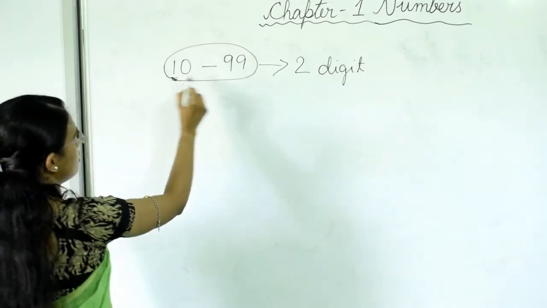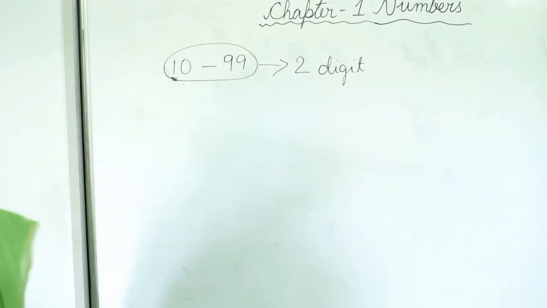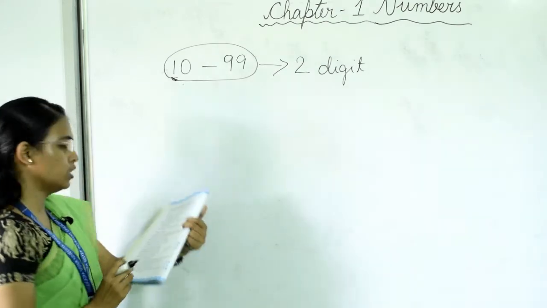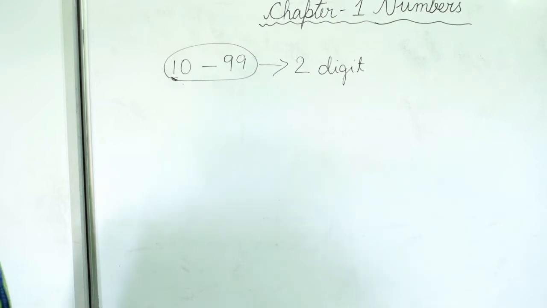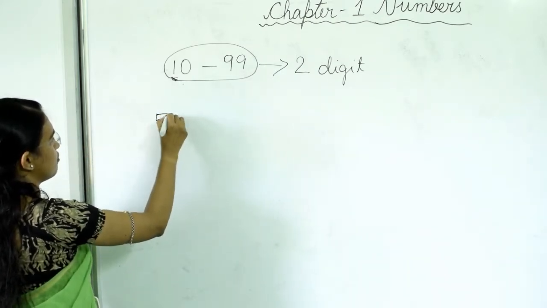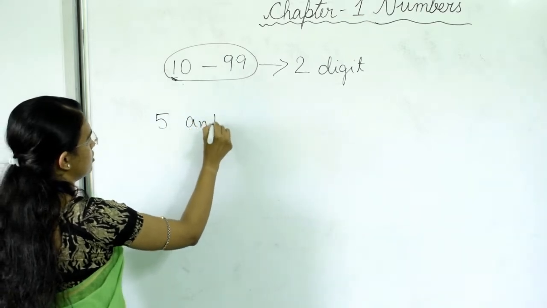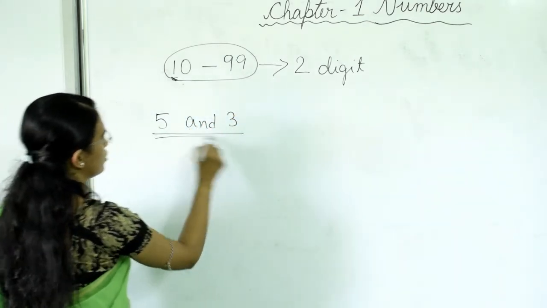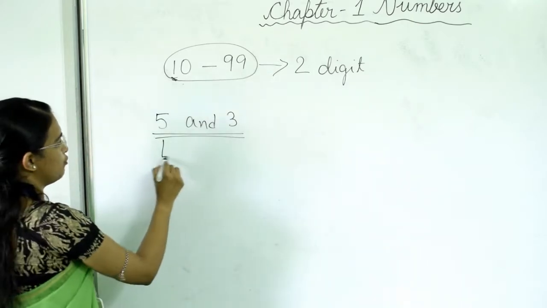So from 10 to 99 are the 2-digit numbers. Now here we have to form the numbers. Suppose the question is 5 and 3. Now you have to form the numbers.